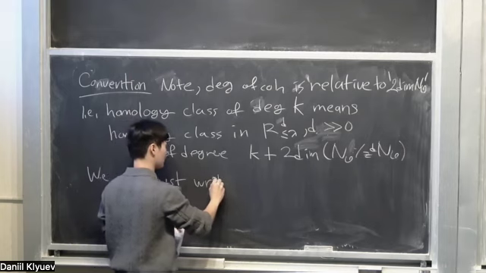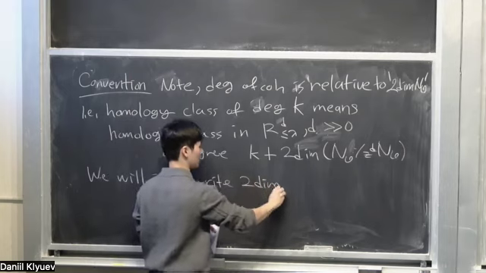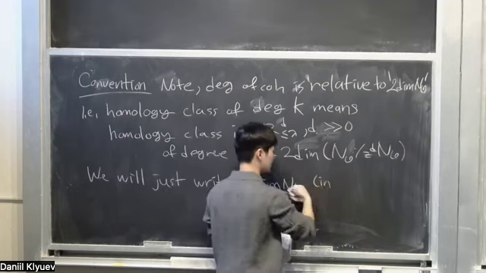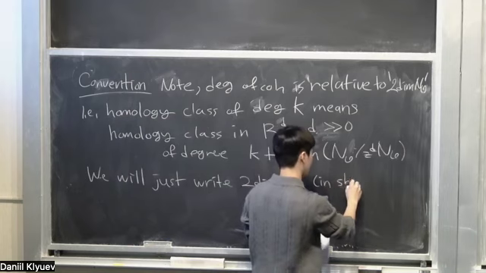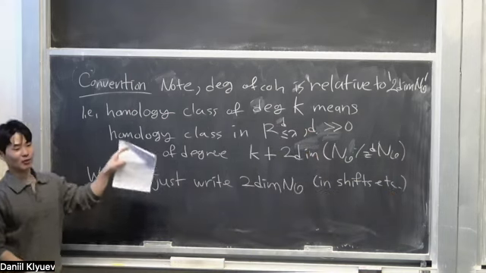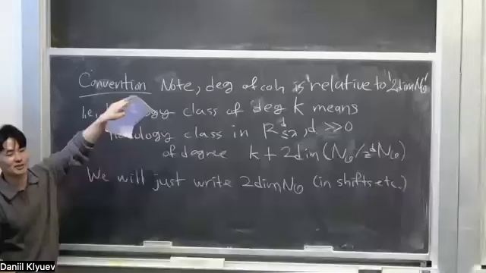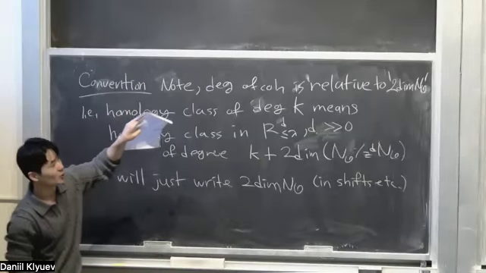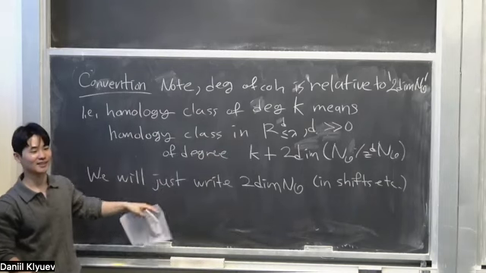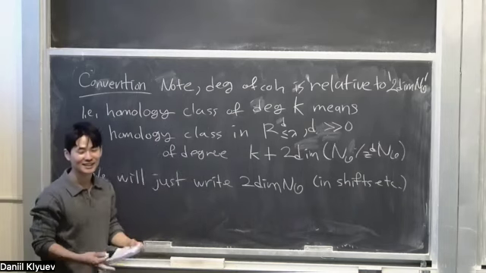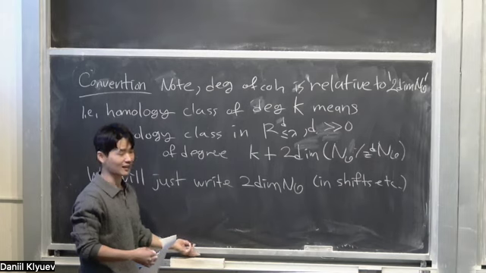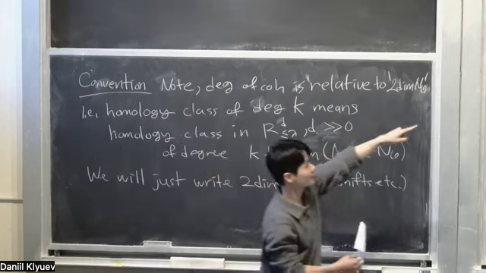We will just write 2 dim NO, and similarly in similar contexts in shifts, etc. It will always mean that we're actually thinking about these finite dimensional approximations and doing those specific degrees, but we just write it like this because otherwise the bookkeeping gets too much. Is that good?